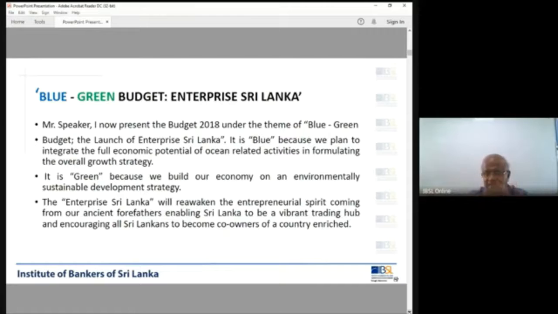The SMEs sector, the small and medium sector, and at the same time big companies, we develop and give incentives to develop, right? As a government, what type of investment? Infrastructure development.